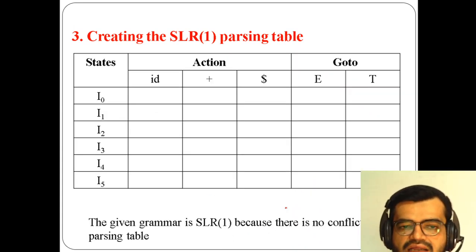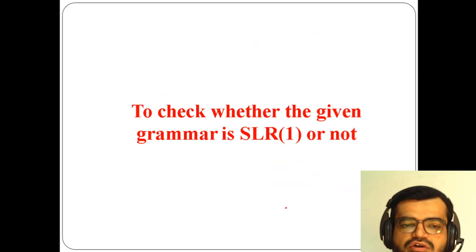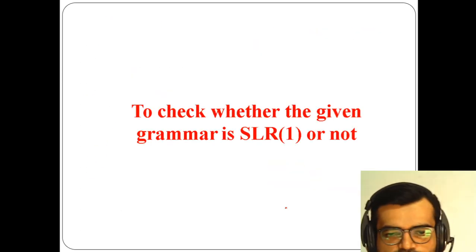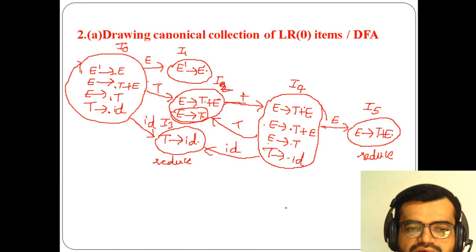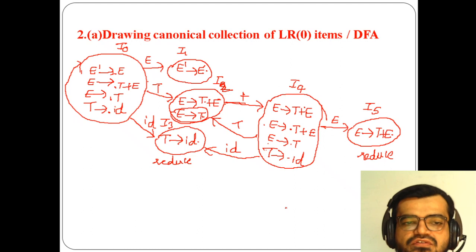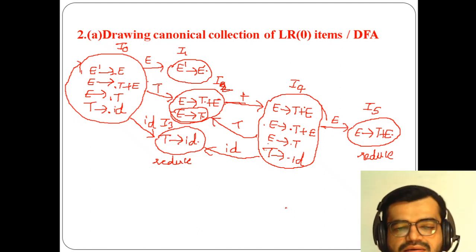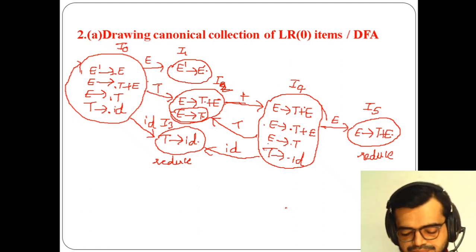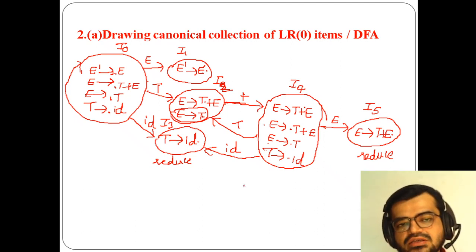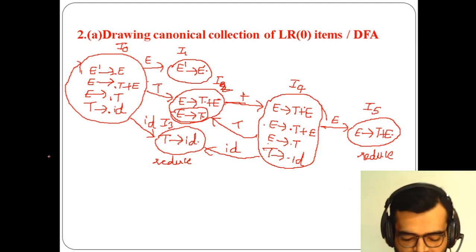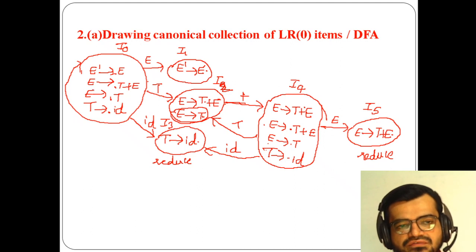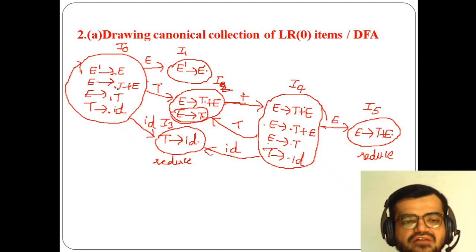Now for this, first we need to find the follow sets. So if you see this example, what are the non-terminals here? The non-terminals are E and T. So what is the follow of T? If you look at follow of T, after T there is plus.